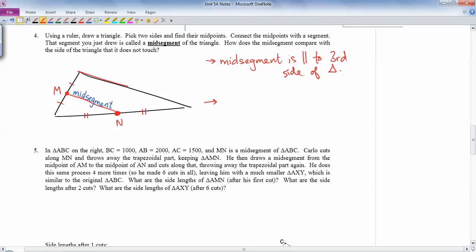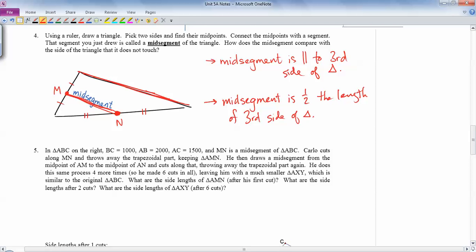So if you measure the third side and got something like 8 centimeters, it turns out that the mid-segment is exactly half of that. It's 4 centimeters, right? So the mid-segment is half the length of the third side of the triangle.